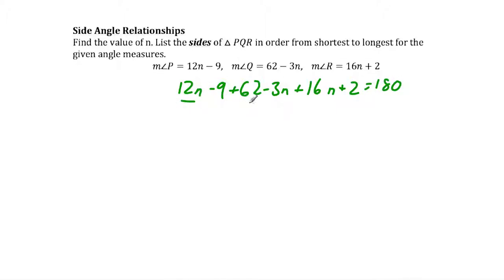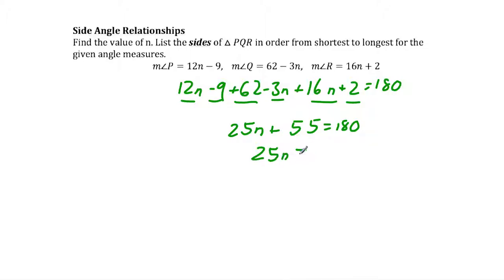And so if I combine my like terms, 12n minus 3n plus 16n is 25n. Negative 9 plus 62 plus 2 is 55. If I subtract 55 from both sides, I get 25n is equal to 125, or n is equal to 5.